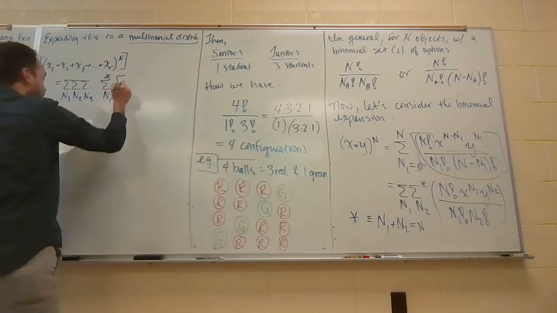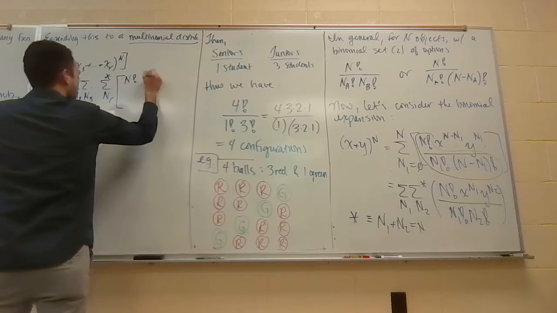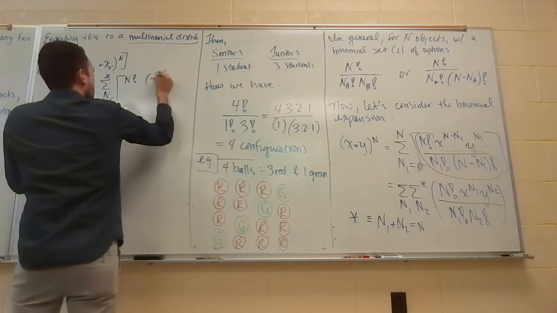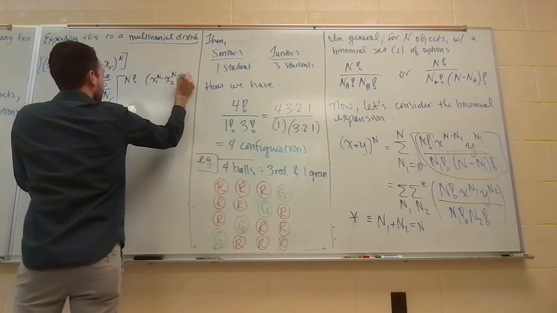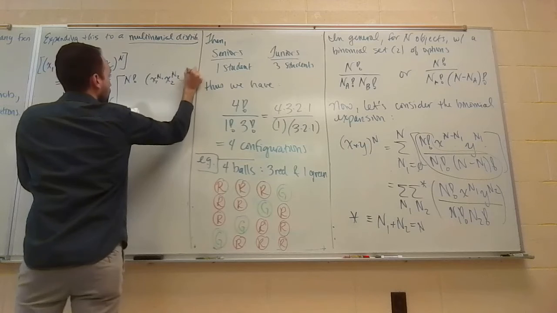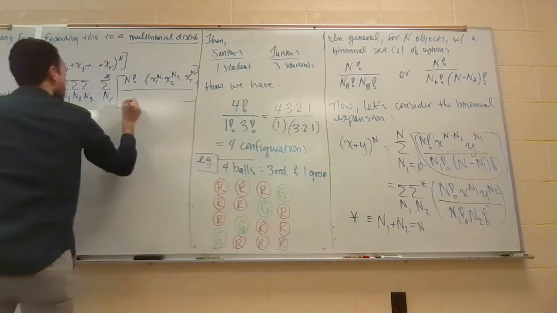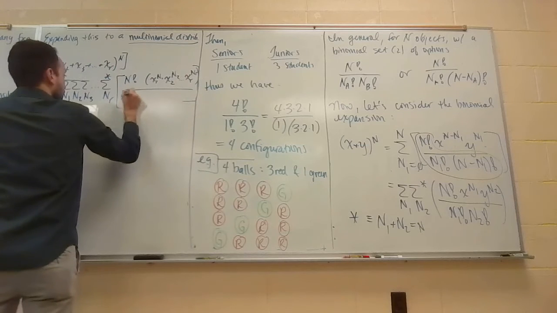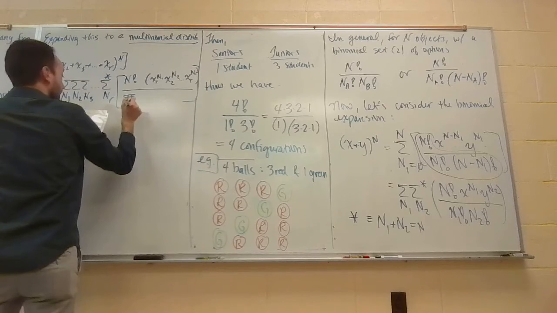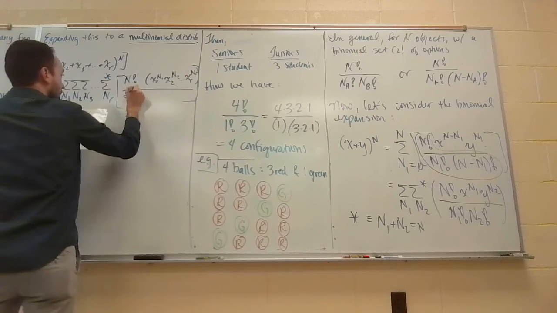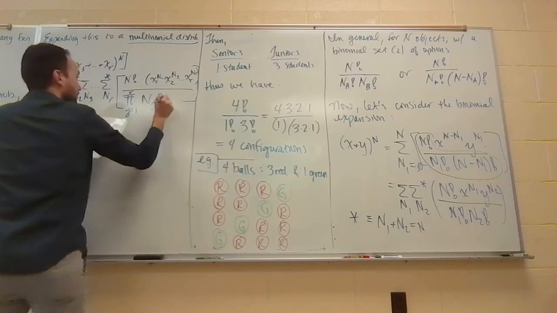And then this is n factorial times x sub 1 to the n1, x sub 2 to the n2, all the way up to x sub r to the nr, all over the product from j equals 1 to r of n sub j factorial.